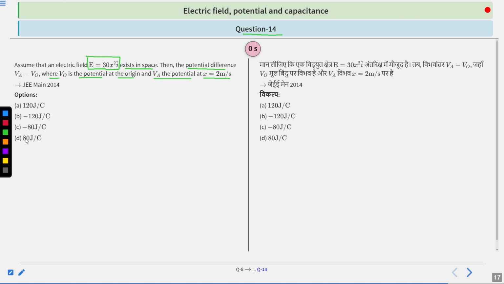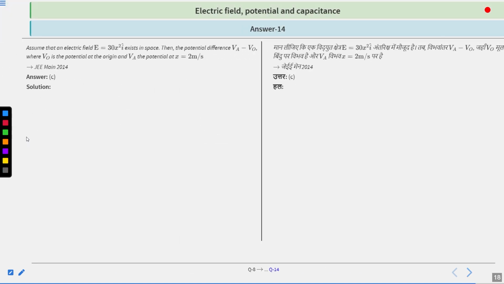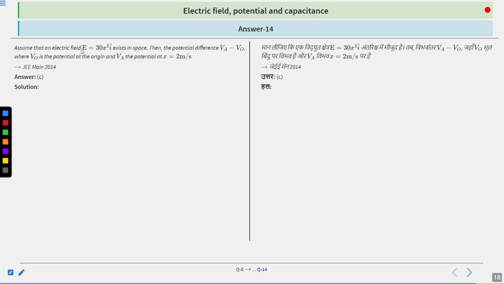Let's find the solution. So here the electric field E is equal to 30x square i cap exists in space. Listen carefully. We have to find the potential difference VA minus VO, where VO is the potential at the origin and VA is the potential at x is equal to 2 meter.